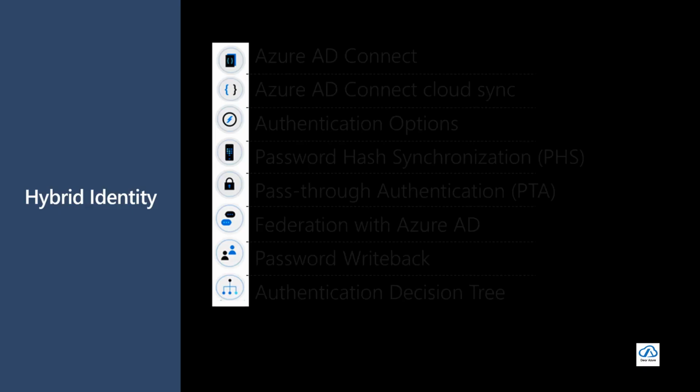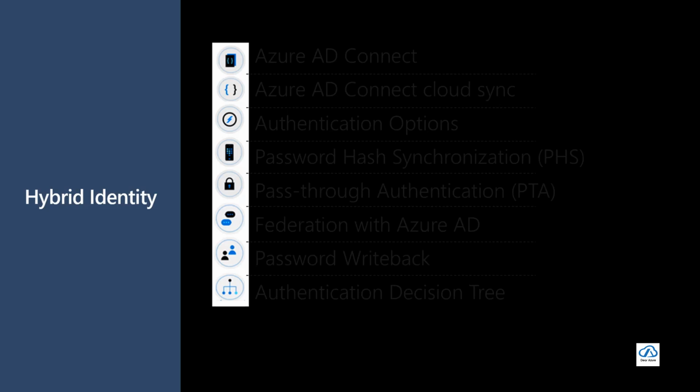What options do you have from an MCQ? They will give you three choices: password hash sync, pass-through authentication, federation with Azure AD. You have to choose, and you can only do that if you are well aware of the technology.